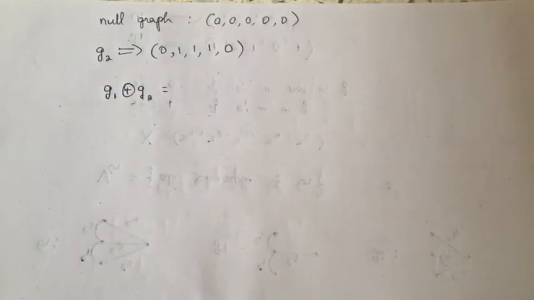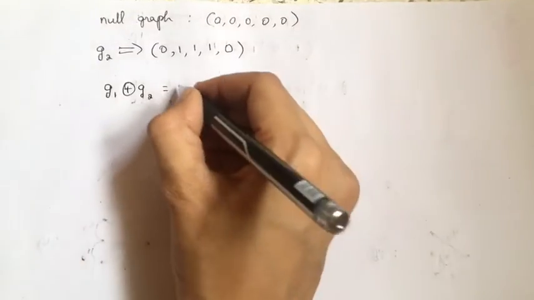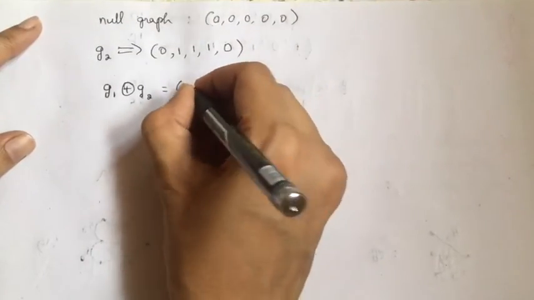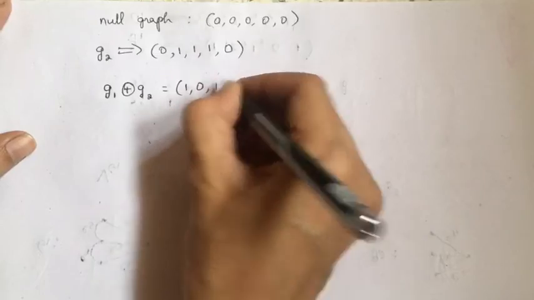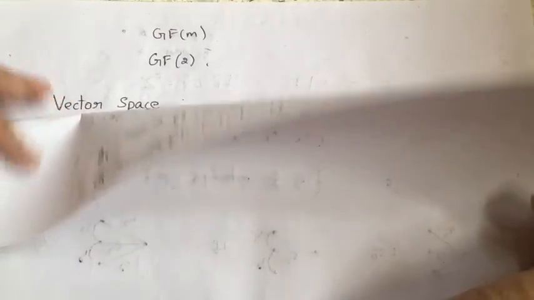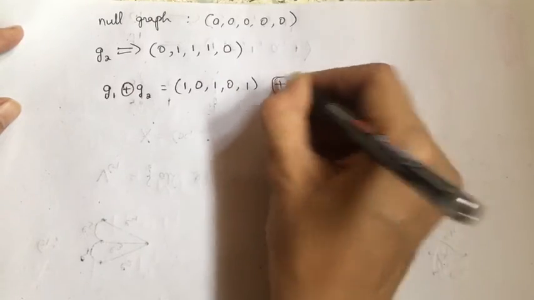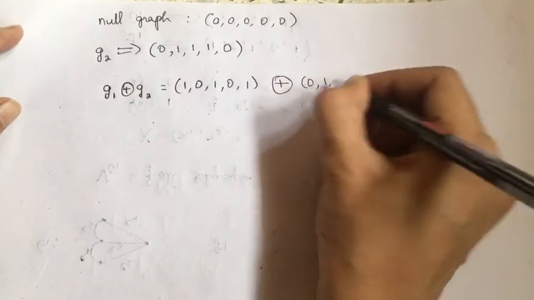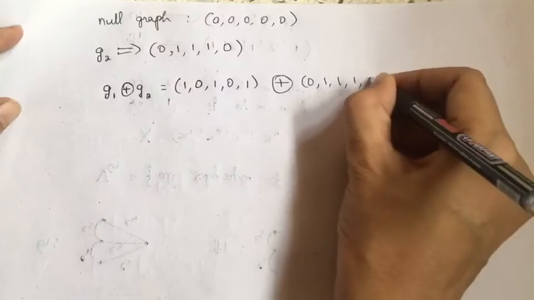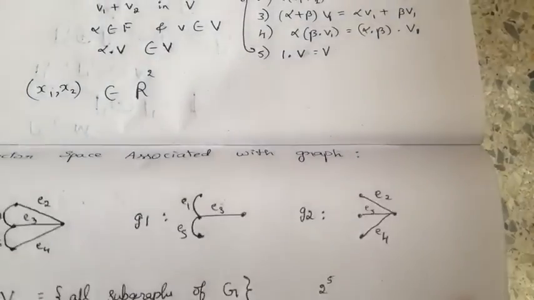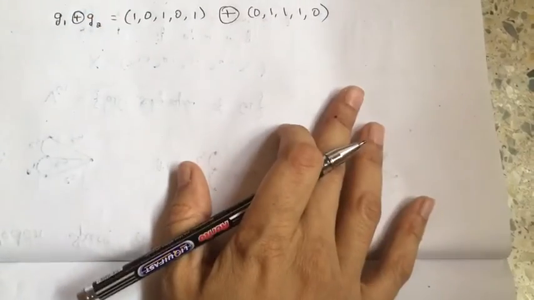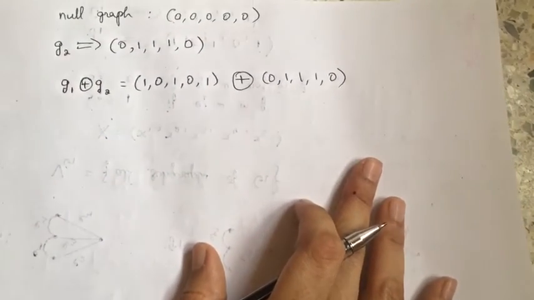What happens to the ring sum? G1 is 1, 0, 1, 0, 1, and I'm taking its ring sum with 0, 1, 1, 1, 0. G2 had E2, E3, E4; E5 was not there.